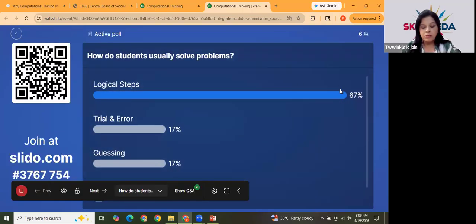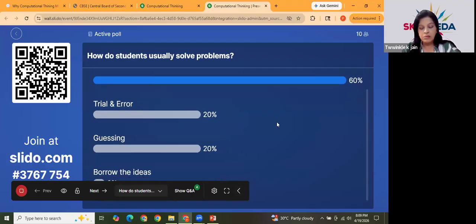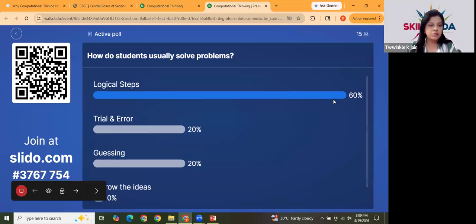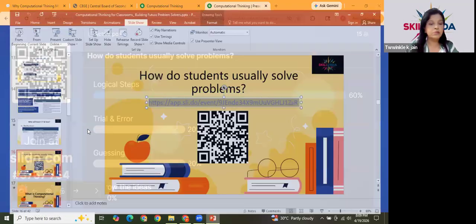Many of you have responded logical steps. You are responding with trial and error, guessing, also. Nobody has chosen borrow ideas. Around 15 of you have participated, and 60% of the answers were logical steps. Good. Now we'll go on to the next one.